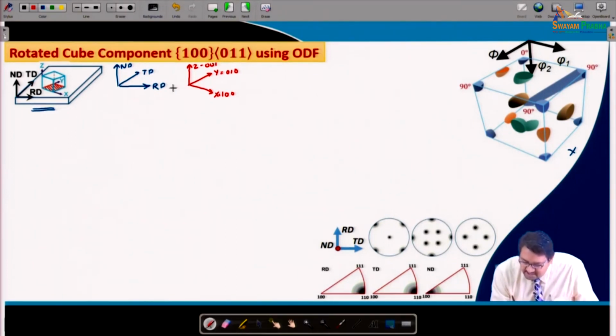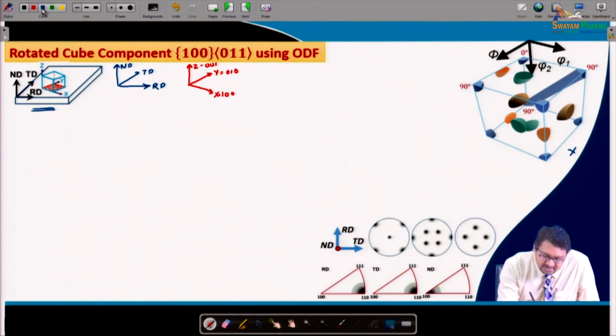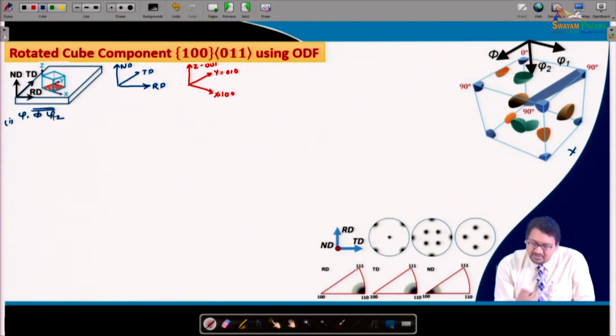That is, X and Y are at 45 degrees to the RD, right.